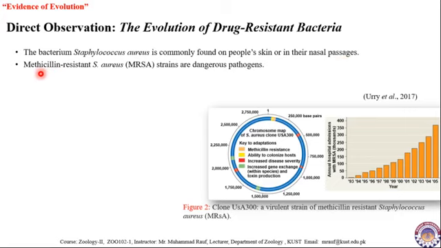Some bacteria are methicillin resistant Staphylococcus aureus strains, and they are dangerous pathogens. These are resistant to methicillin. They have developed resistance to that particular antibiotic.